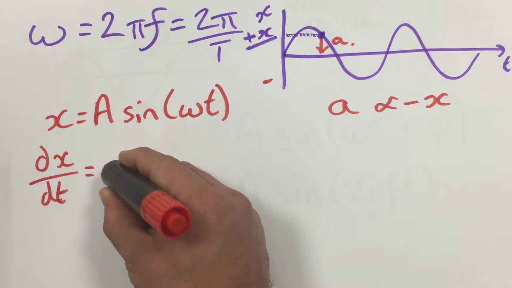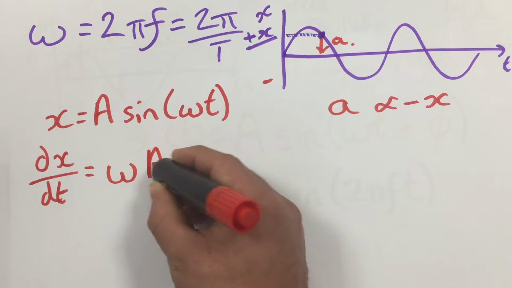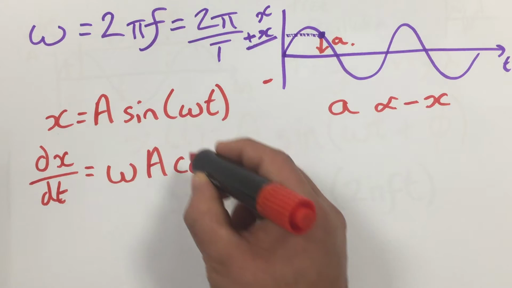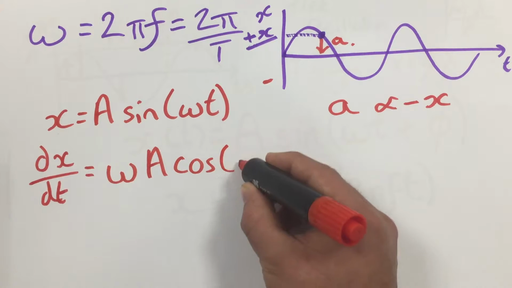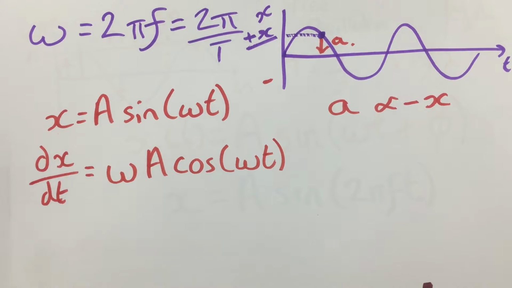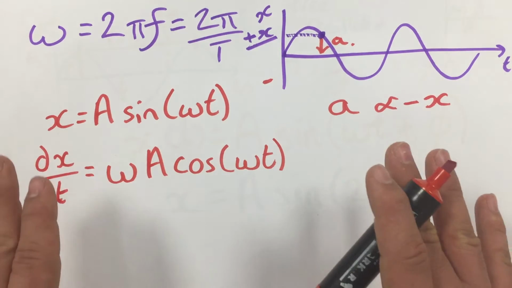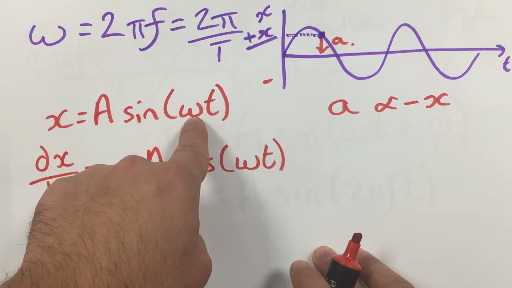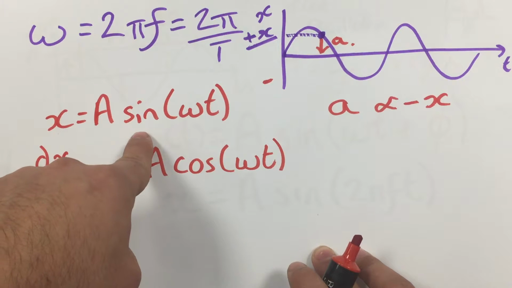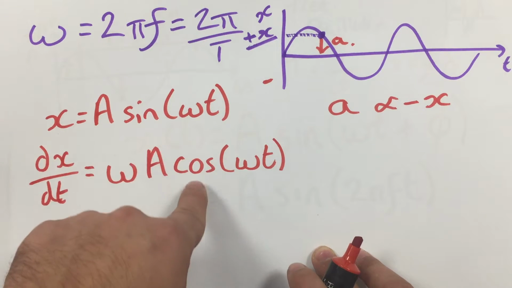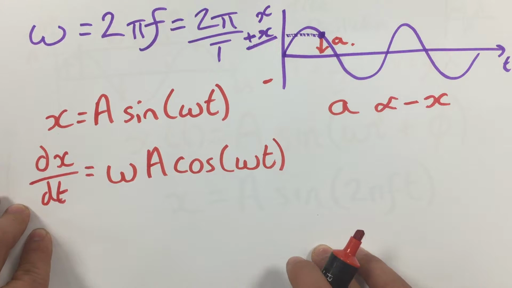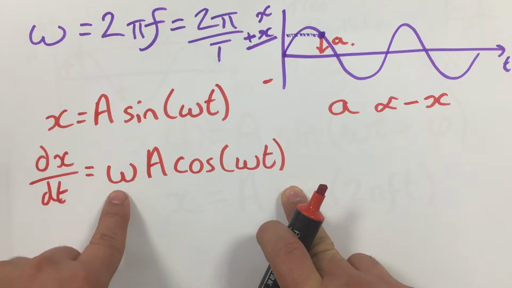So what we're left with is omega A cos omega t, because we've gone from sine to cosine, and omega t ultimately stays the same inside the bracket. So just two simple results: the omega comes outside the bracket, and sine gets turned into cosine. So that's when we differentiate it once with respect to time. So that is equal to the velocity.